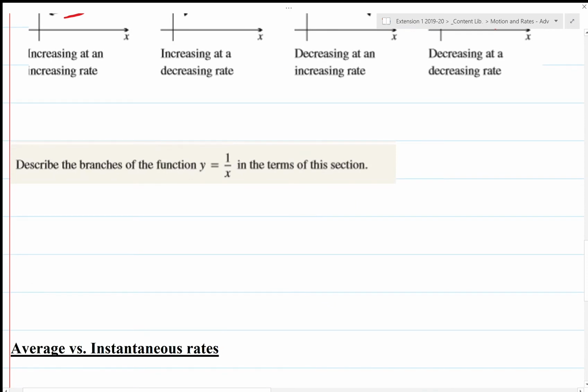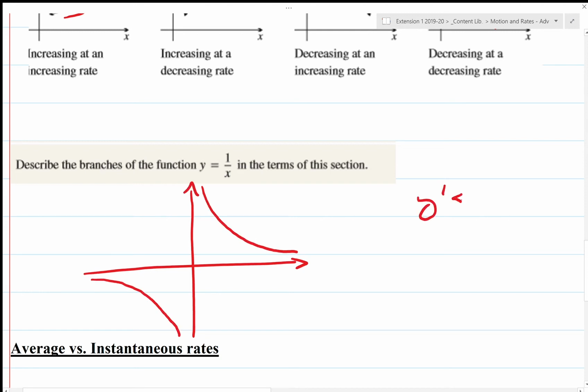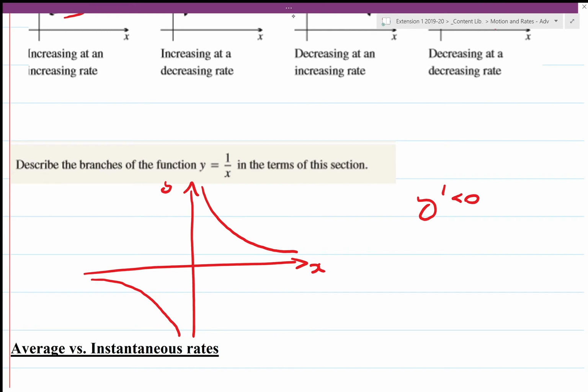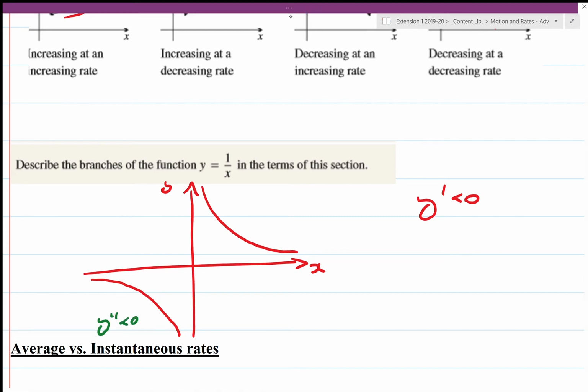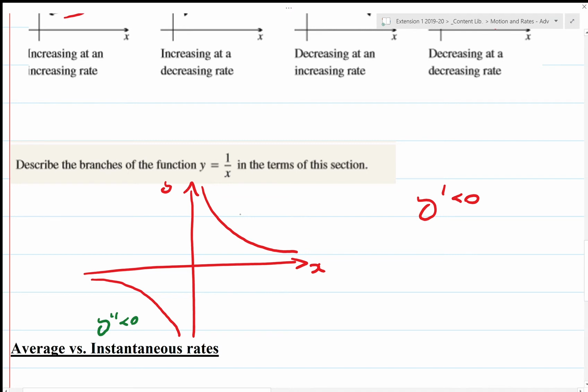So describe the branches of this function. Everywhere, it's got negative derivative, going down. Over here on the left, it's concave down. And on the right, it's concave up.